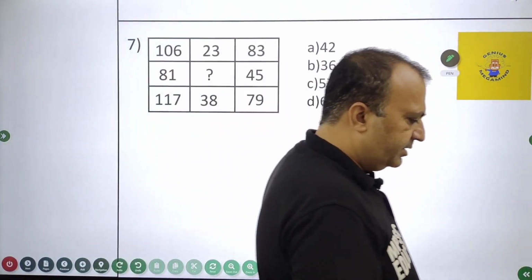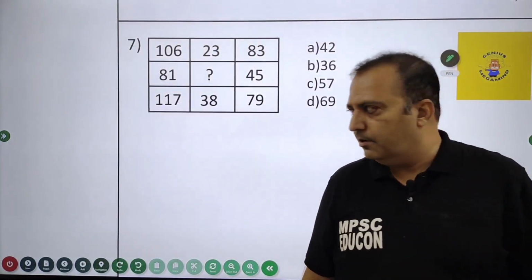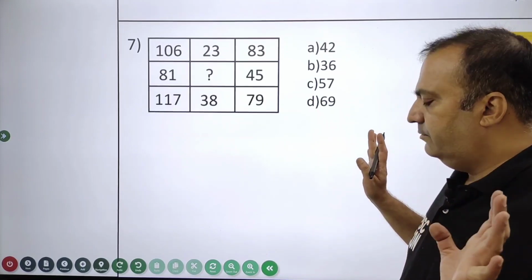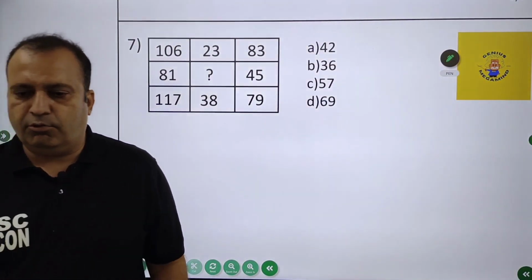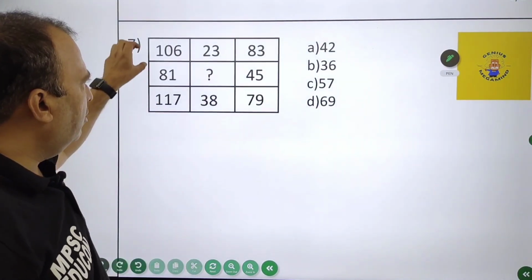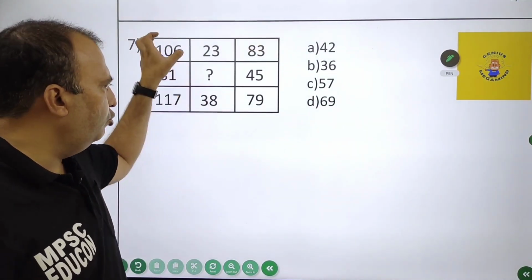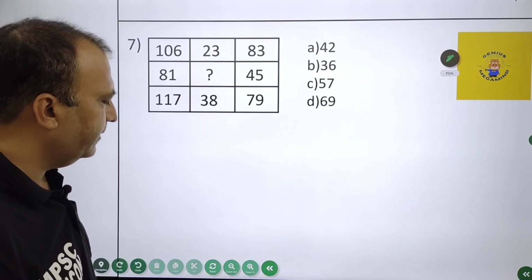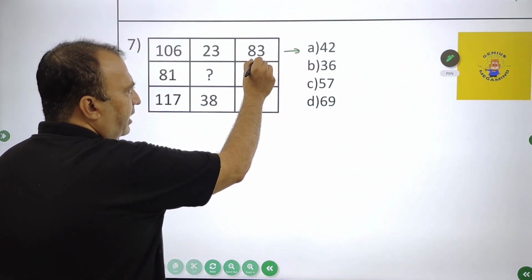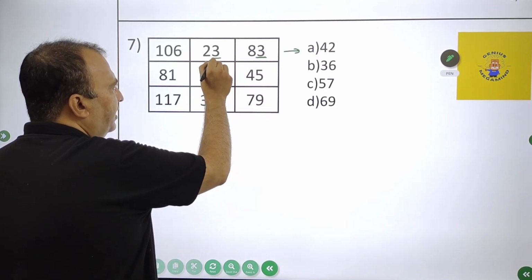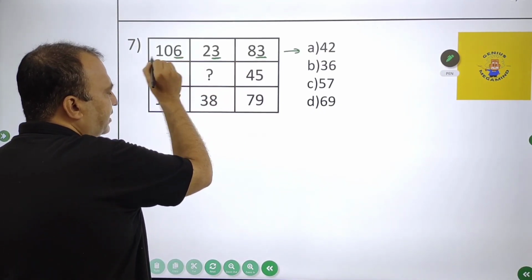Now question number 7. Just by looking at it, things become very clear to me. Fine. Now the question which arises is, do I solve it in a row wise manner or in a column wise manner? If I check it row wise, I am finding 3 over here, 3 over here, and 6 over here.